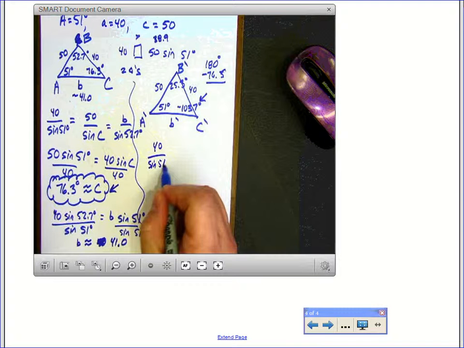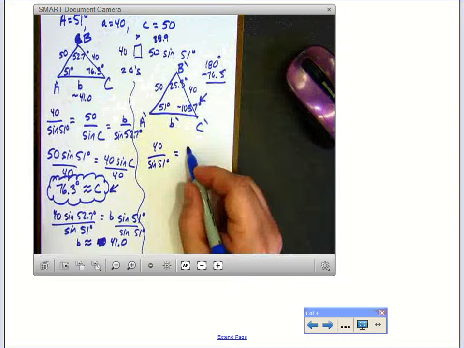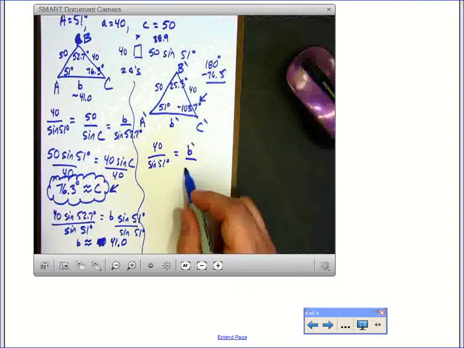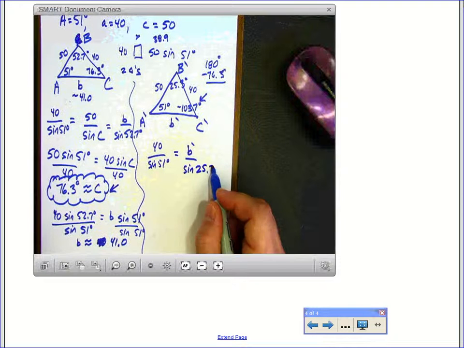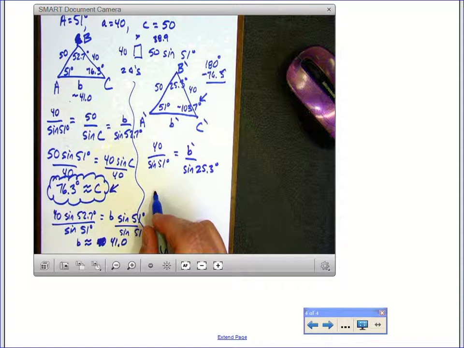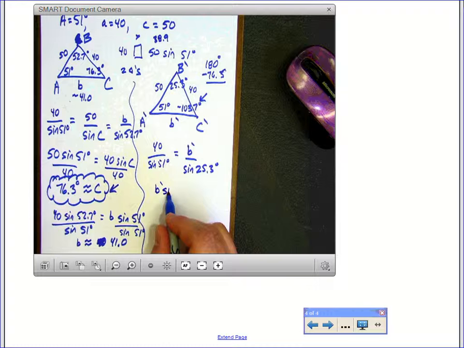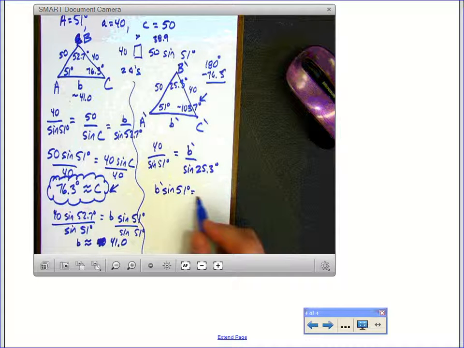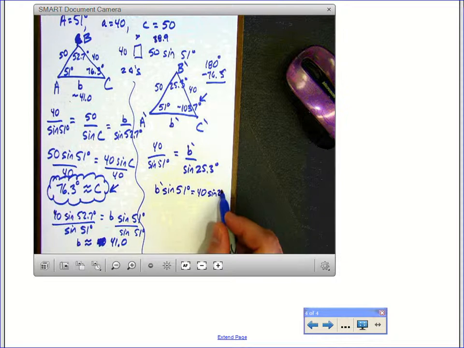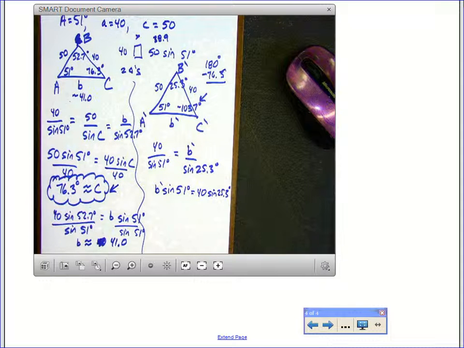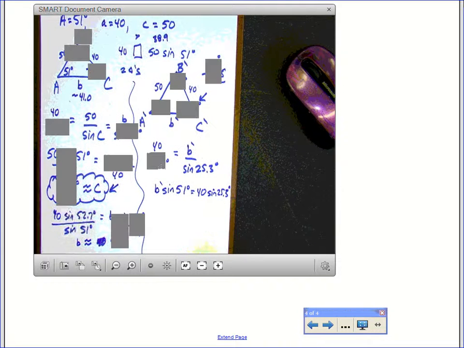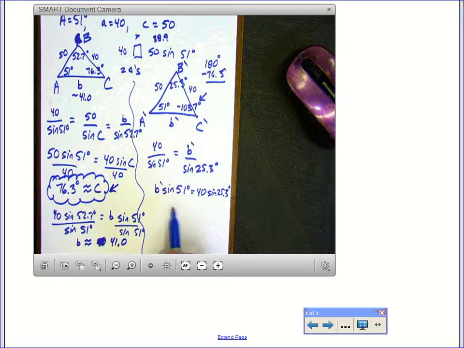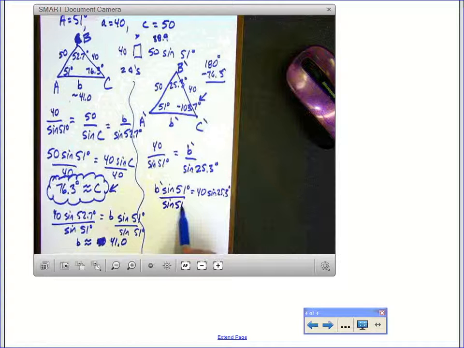Now y'all give me the B one here. Now let's cross multiply. So we'll get B prime times sine 51 equals 40 times sine of 25.3. We'll divide both sides by sine 51.